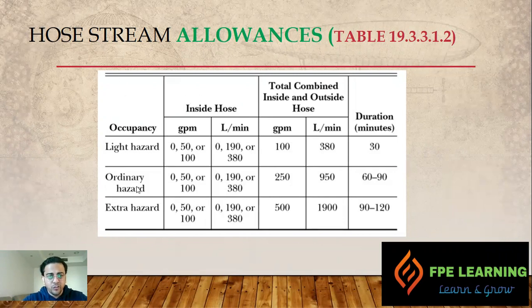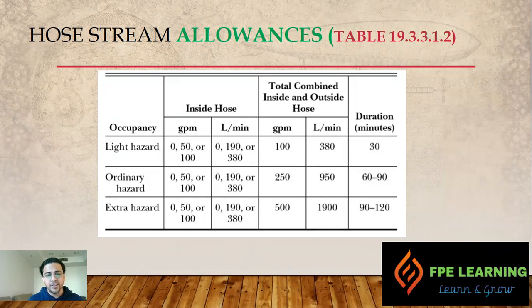The first column is for the occupancies, sorry. The second one is for the inside hose, and the next one is for the total combined inside and outside hose, and the last one, duration, means duration of water supply from the pump or from the water tanks to extinguish the fire based on the occupancy classification.